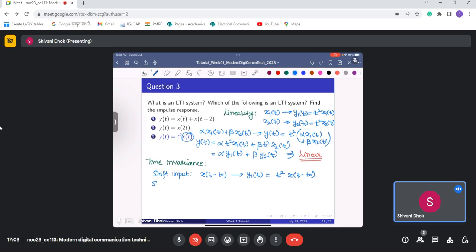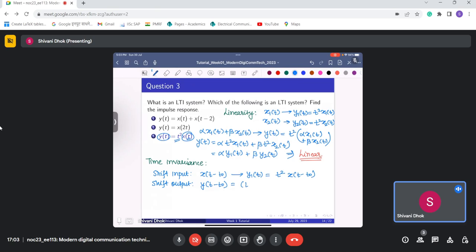Now let us shift output, y of t minus t naught. So what we have here is, now this entire thing is getting shifted by a value t naught, which means all the values of t should be replaced by t minus t naught.